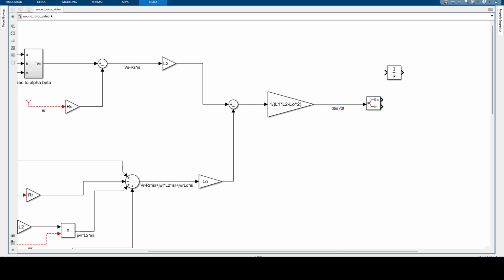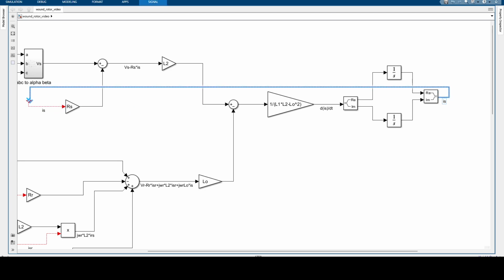And now we can integrate each component separately. And then we can join them again to get our IS.